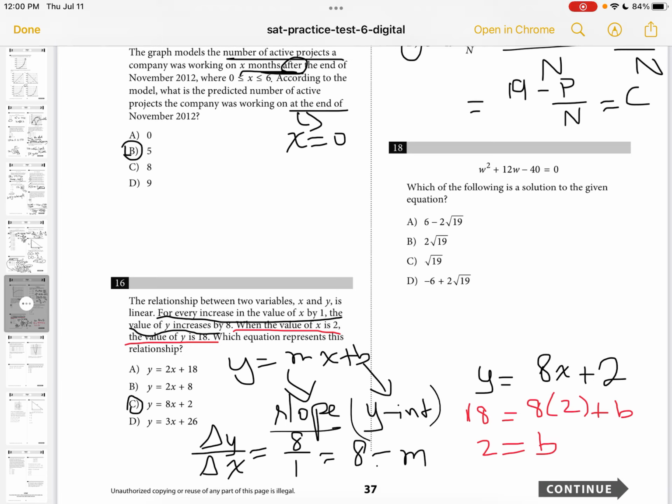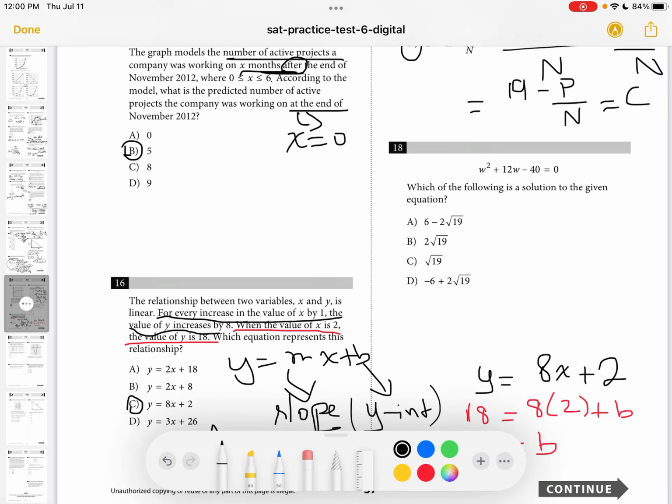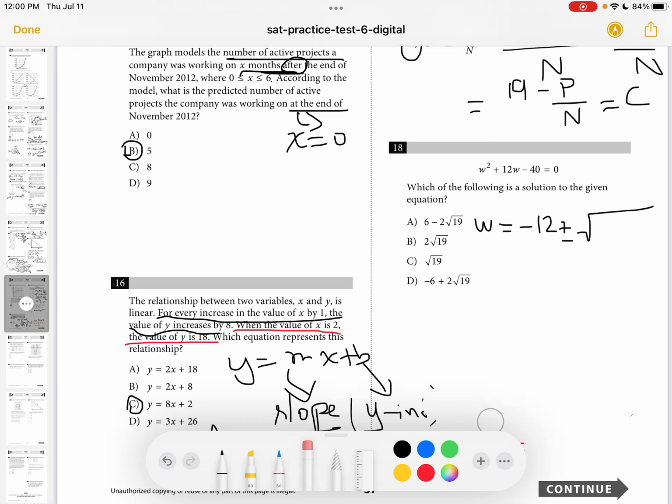Alright, 18. Which of the following is a solution to the given equation? Since we have radicals, I'm just going to use the quadratic formula. So w equals negative b plus or minus the square root of, actually there's not enough space here. Let me erase this and move this down.